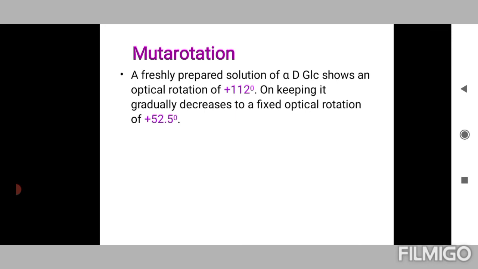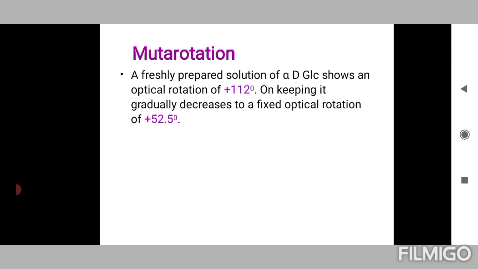Now, a freshly prepared solution of exclusive alpha D glucose has an optical rotation of plus 112 degree. So it means the plane polarized light is rotated to the right by plus 112 degree.